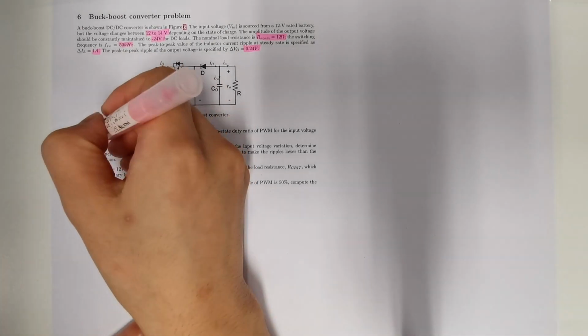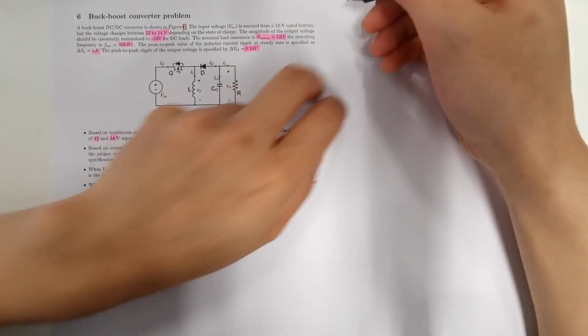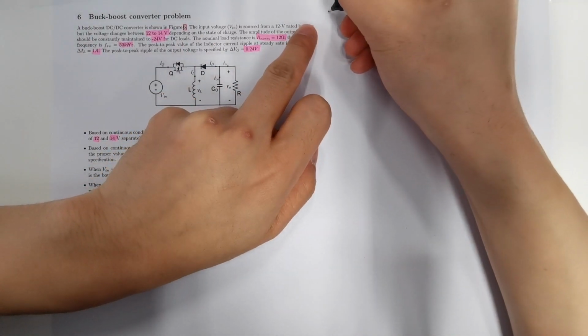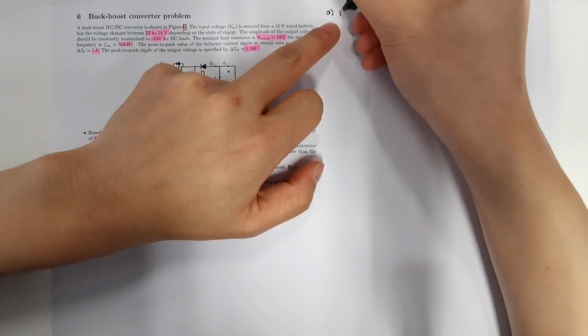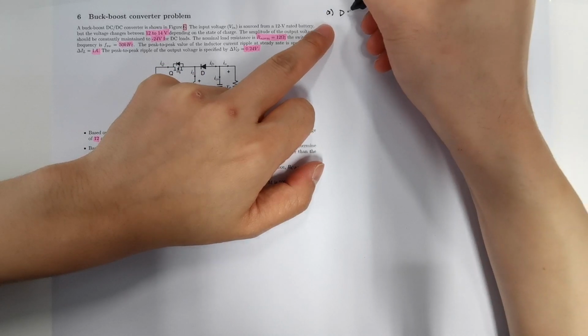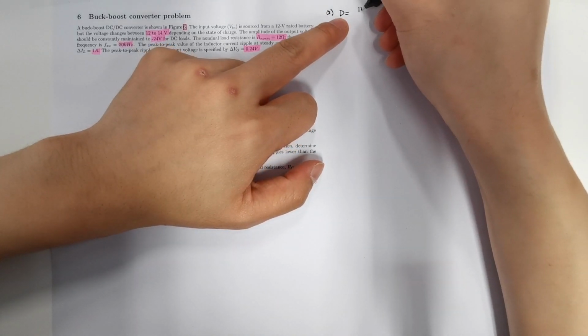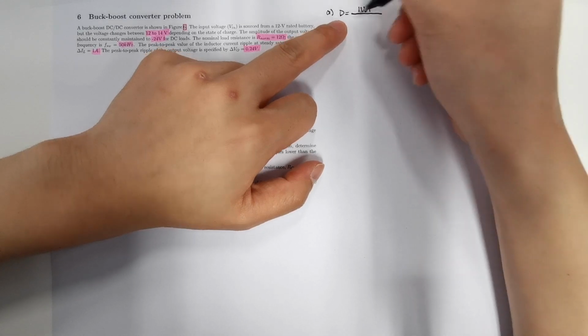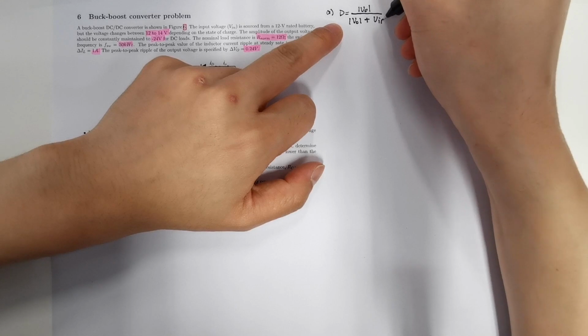The first question asks us to calculate the duty ratio for 12 volts and 14 volts separately. So our first question asks us to calculate the duty, and we know from last video our duty equals the absolute value of V out divided by V out plus V in.